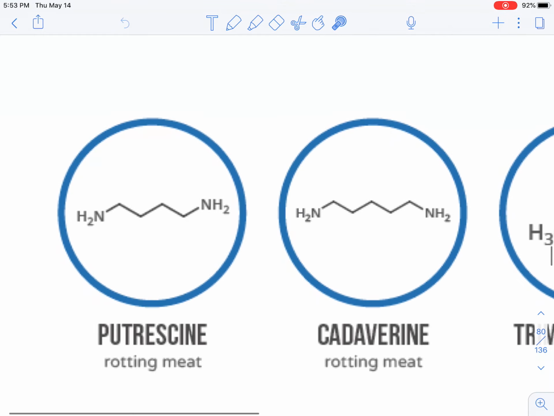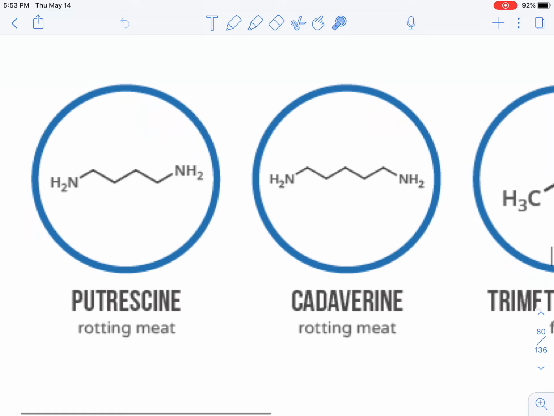And so if we zoom in on this structure here, we have putrescine. So putrescine is the name of the organic compound that's coming off of rotting meat. And so here you can see this organic compound of putrescine.